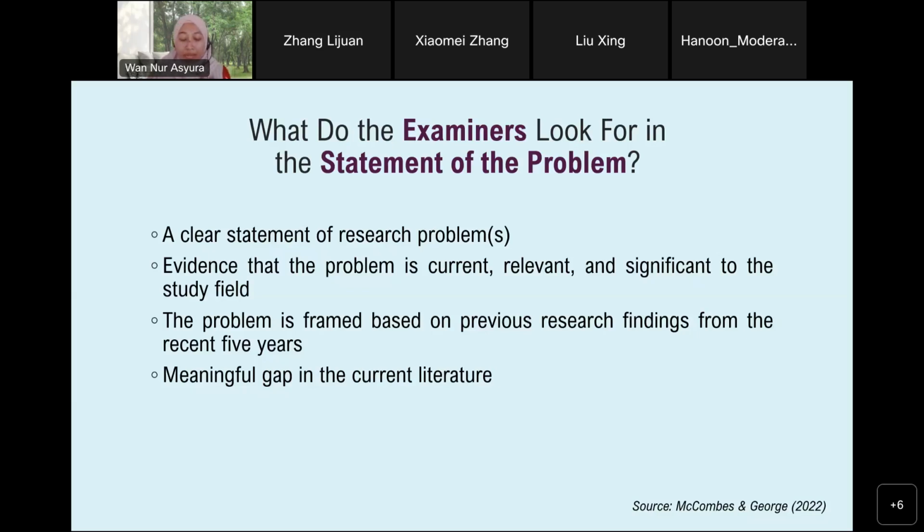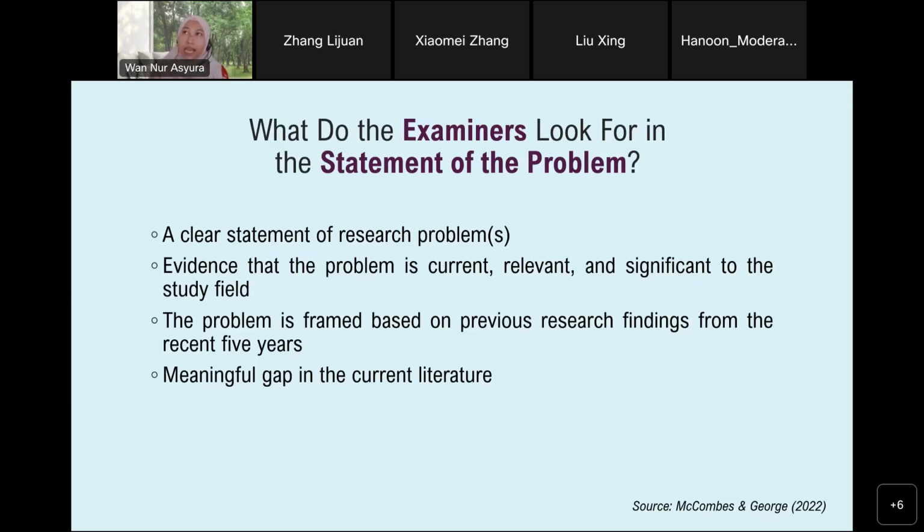Let's say you present a problem that is based on your personal experience as a teacher. You can do that, but this problem must be supported by previous research findings as well, especially from the recent 5 years, to be on the safe side.